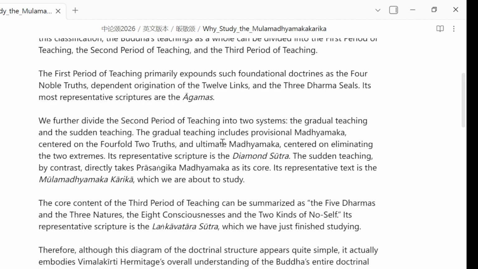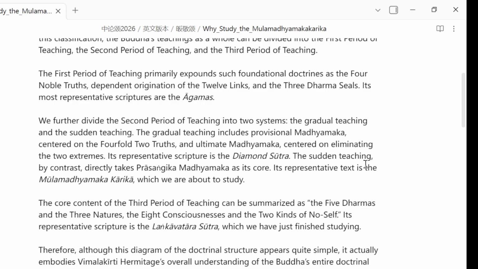The gradual teaching includes provisional Madhyamaka, centered on the fourfold 2 truths, and ultimate Madhyamaka, centered on eliminating the 2 extremes. Its representative scripture is the Diamond Sutra.